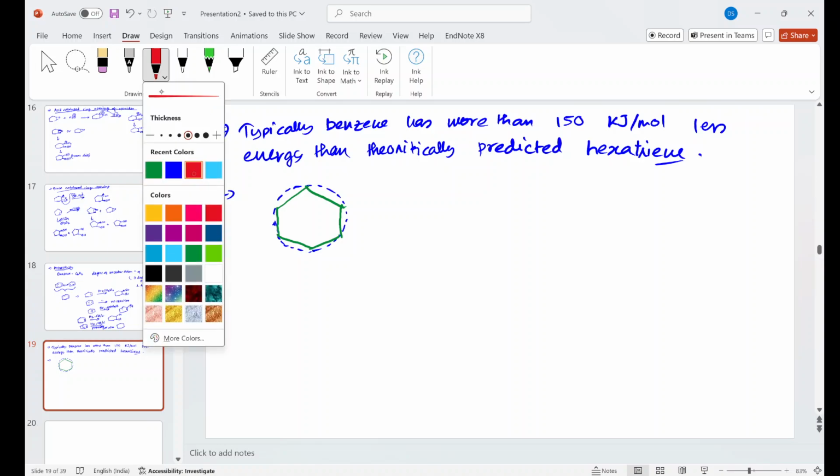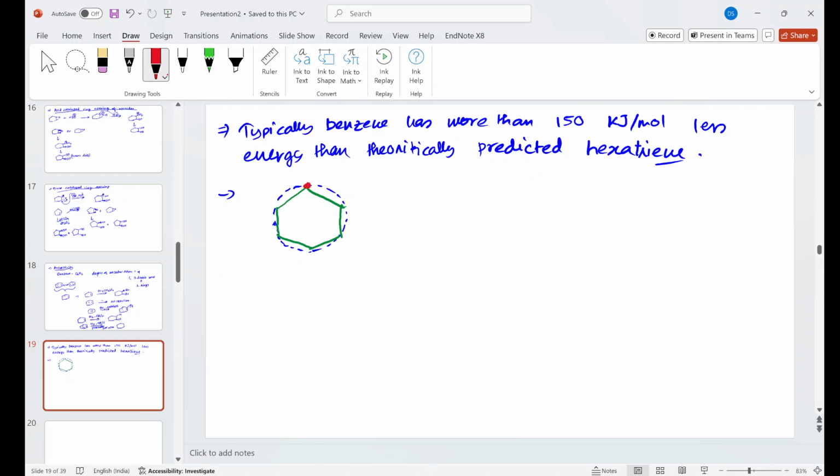These are the nodes. And then on each corner, you will have your energy levels. This is one, this is one, this is one, this is one, this is one. This can be noted as psi 1, psi 2, psi 3, psi 4, psi 5, and psi 6.